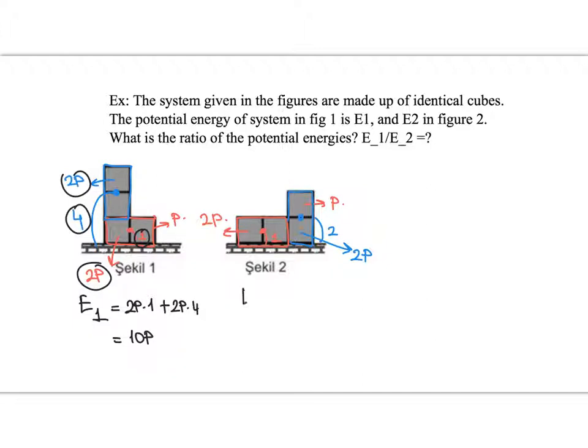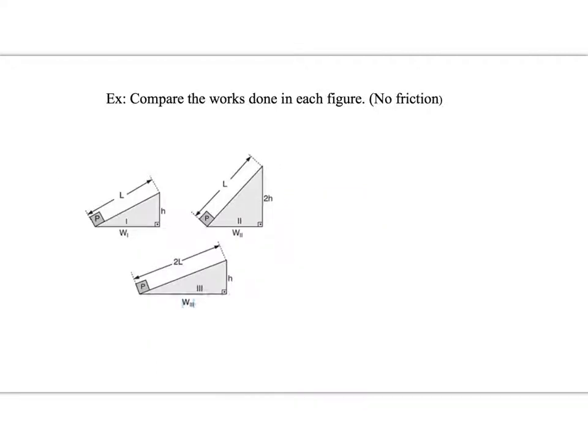So when I calculate the total potential energy, 2P times 1 plus 2P times 2, in total I have 6P potential energy. So when we take the ratio, I found the solution as 5/3.